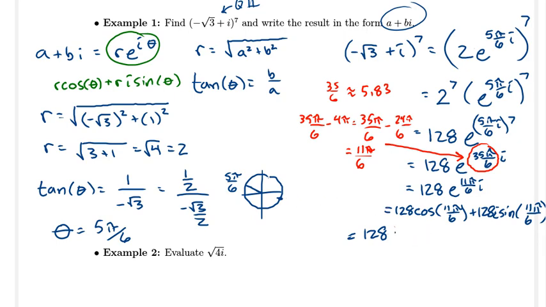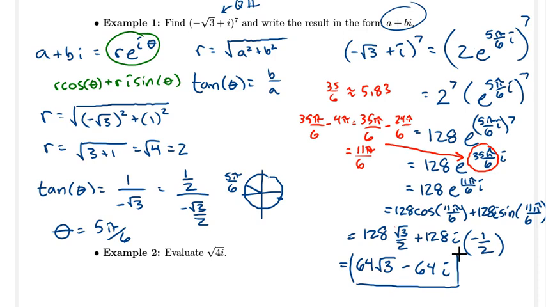So the cosine is the square root of 3 over 2, plus 128 times I times the sine of 11 pi over 6, which is negative 1/2. And to clean this up a bit, this would be 64 square root of 3 minus 64i. So that is the complex number that you get when you raise this original complex number to the 7th power.